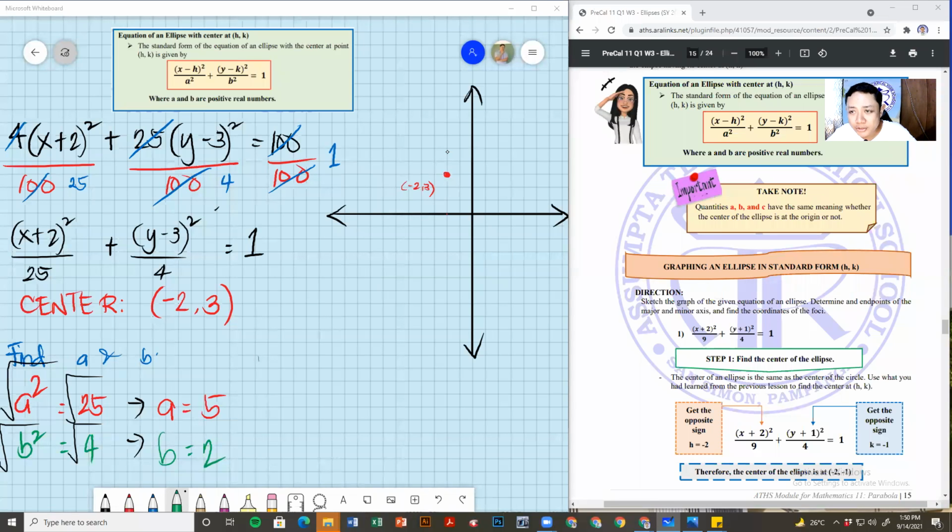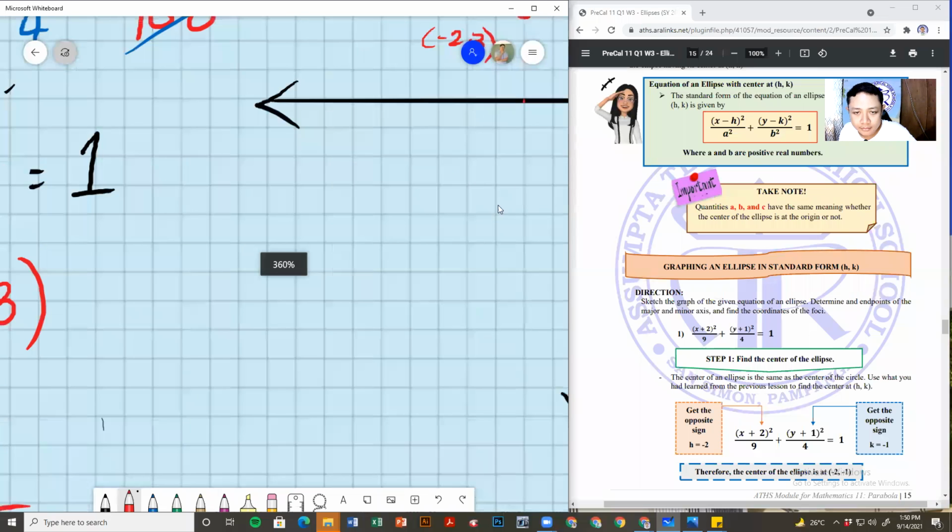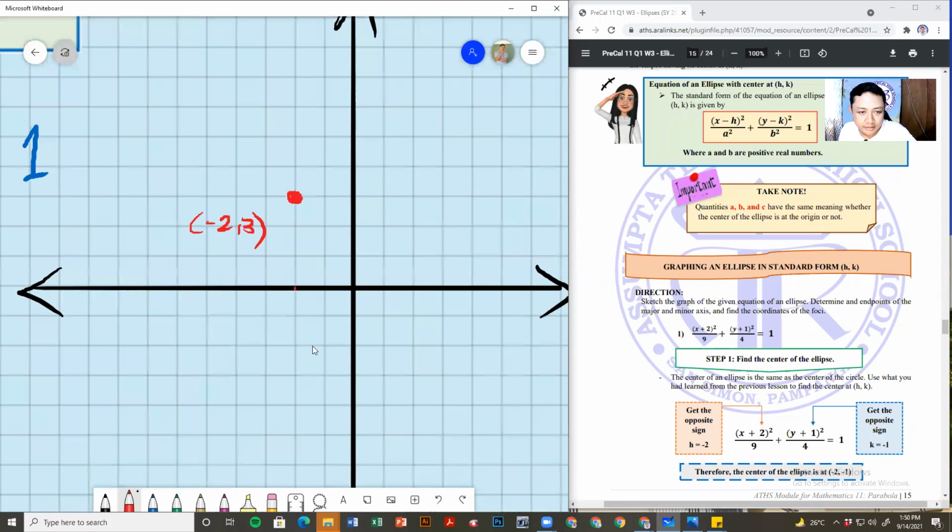I hope while I'm doing this, you also do it in your graphing paper. Okay? Let's now count 5 steps to the left and to the right. Let me just make it bigger so that we can all imagine the movement. From here we have 1, 2, 3, 4, 5.